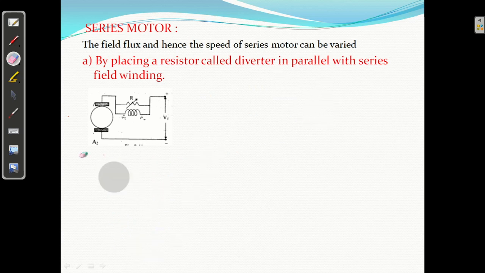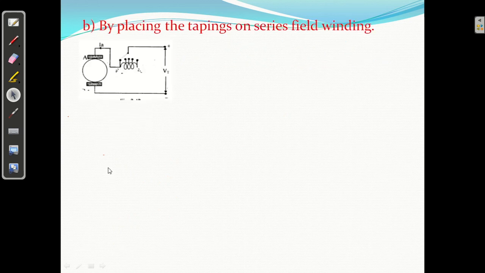that is called tappings. We are providing the tappings in the series field winding. Clear? Suppose this is taking the current IL, this current is IF, this current is IA, and they will be the same, right?